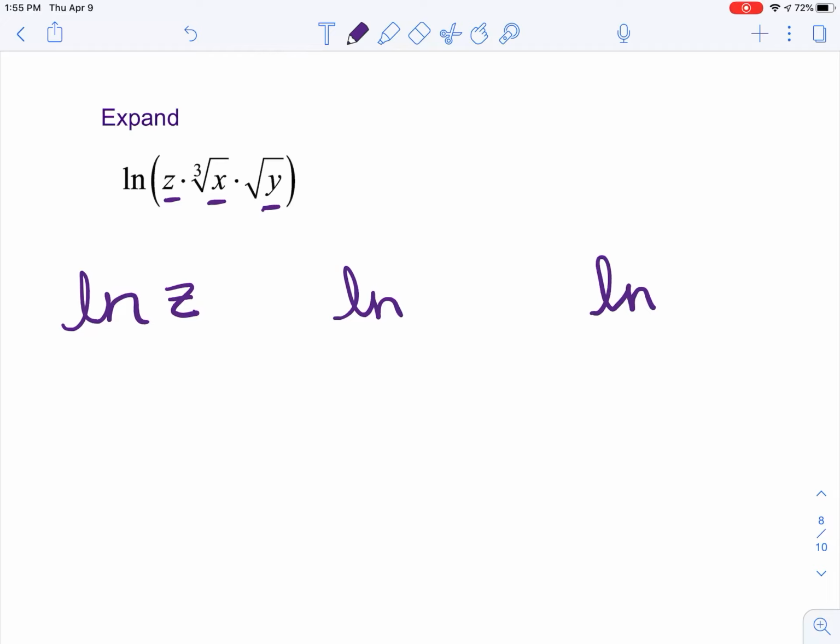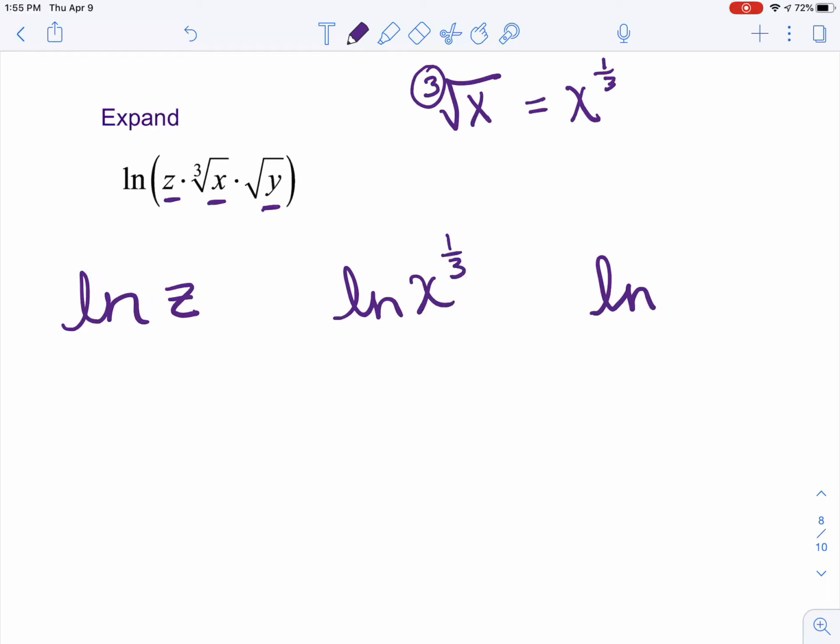So I have z here. What is the cube root of x? Is there any way I could write that with an exponent? Well, that's going to be x to the 1/3. Remember, the index always goes in the denominator. So I'm going to use that, x to the 1/3.